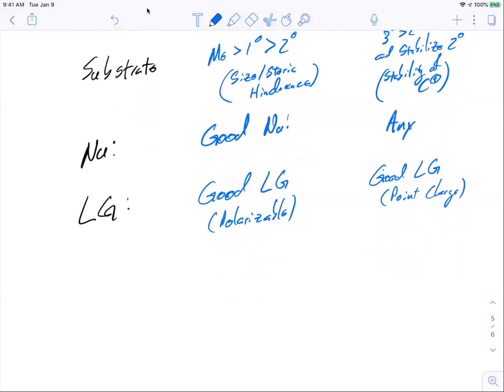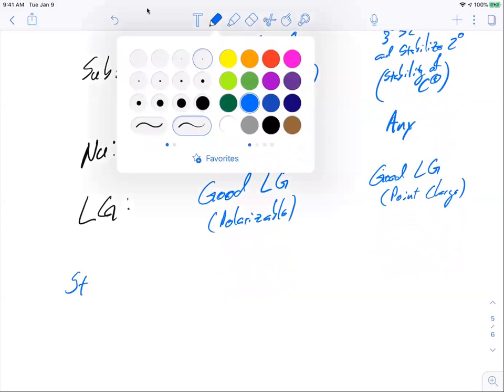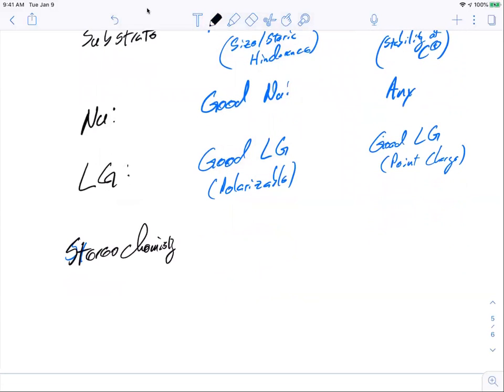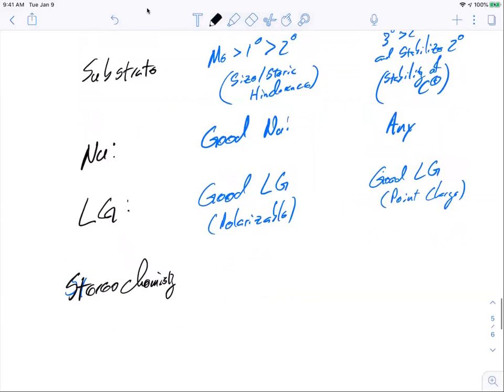When we look at stereochemistry, for SN2, we get inversion. So if the leaving group was on the front side, the nucleophile is going to come from the back side, so I'm going to invert that stereocenter.